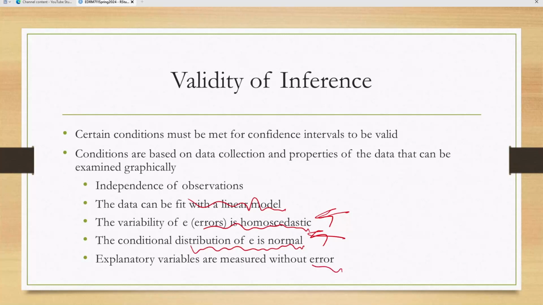And then we've talked about the explanatory variables being measured without error. Why is that important that they're measured without error?